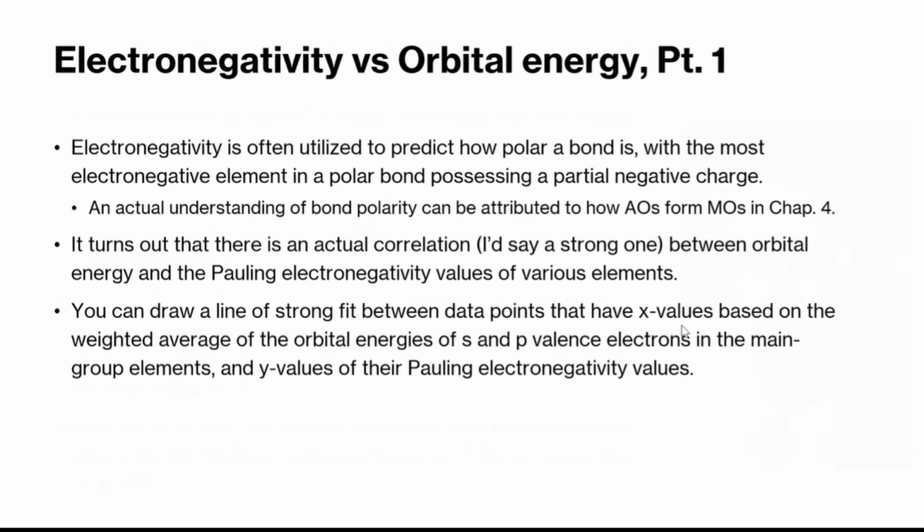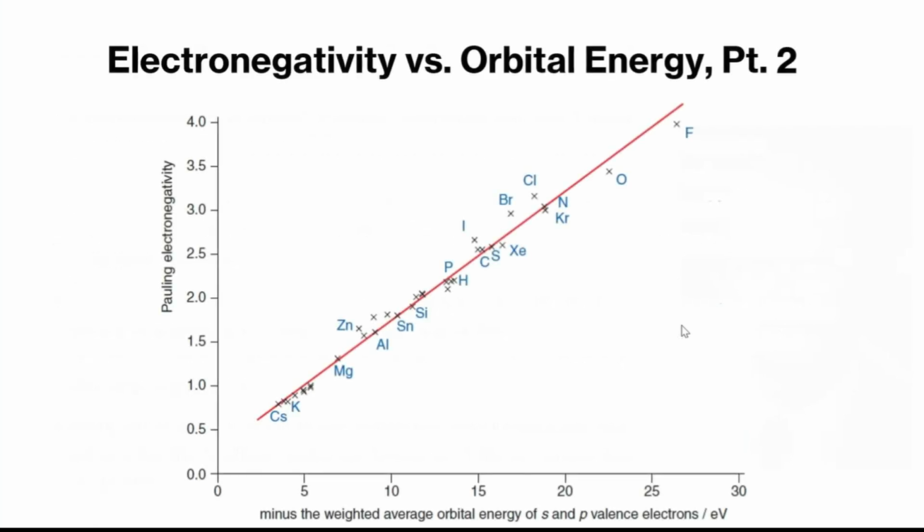So of course I can't just say that the graph looks like this, I actually have to show you this. So right here is the graph that you'll be looking at. So you can see minus the weighted average orbital energy of S and P valence electrons in electron volts and Pauling electronegativity. You can see that, yeah, you can draw a line of best fit here actually.